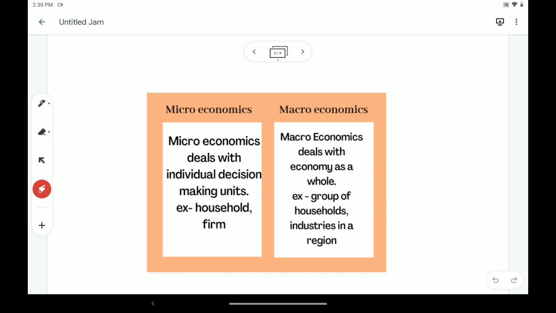So these decisions are taken by that firm only. Whereas macroeconomics deals with the economy as a whole, which means we take a group of households or a group of industries in a region rather than individual units.